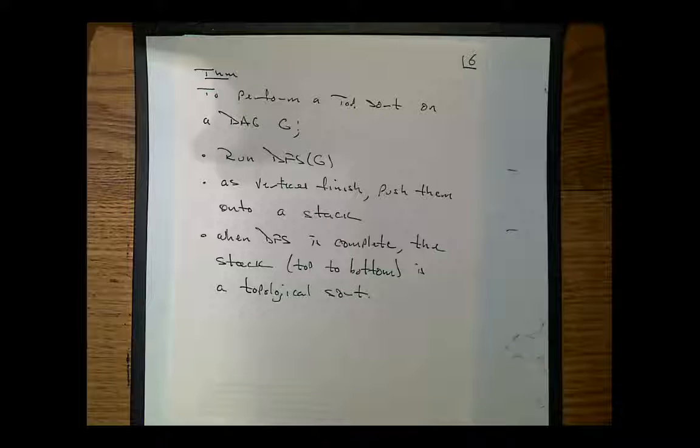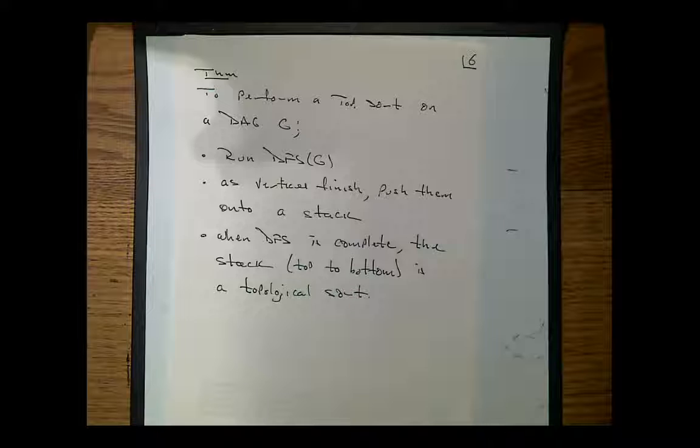So run DFS, and every time a vertex finishes, so we're doing a return from visit, push that vertex onto a stack, a separate data structure that you keep. By the time you're done, the stack contains from top to bottom the vertices ordered by decreasing finish times.